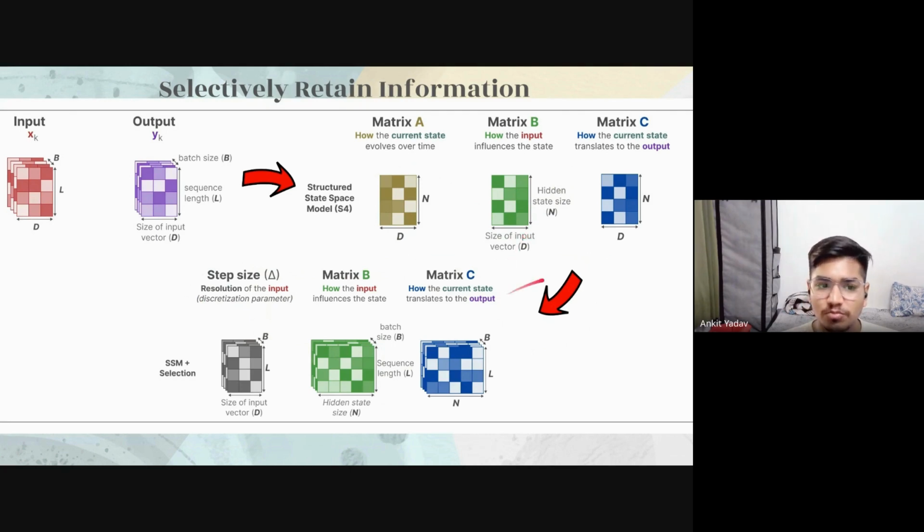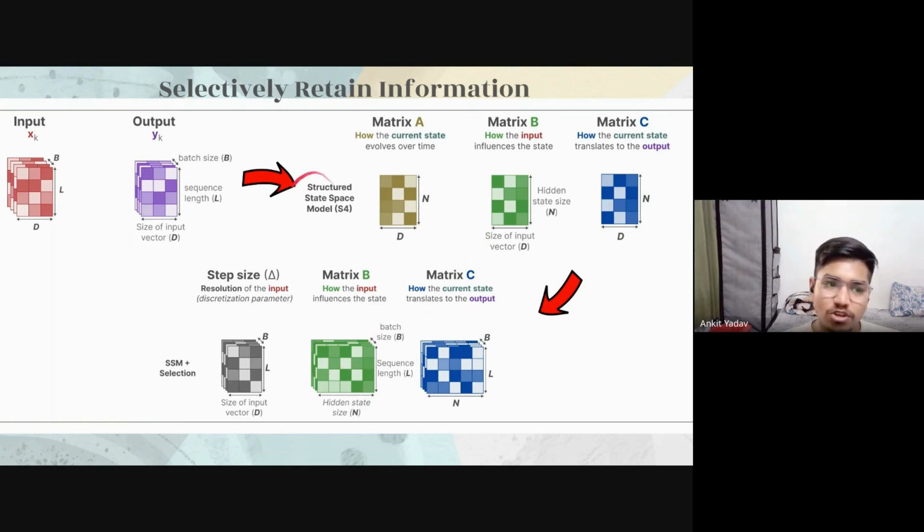Because if one shot prompting happens, because of their static nature, they will never remember what happened in the past, and the weights will be the same. But if these are dynamic, over the time they can understand what changes are happening, and if xt changes, this also needs to be changed.